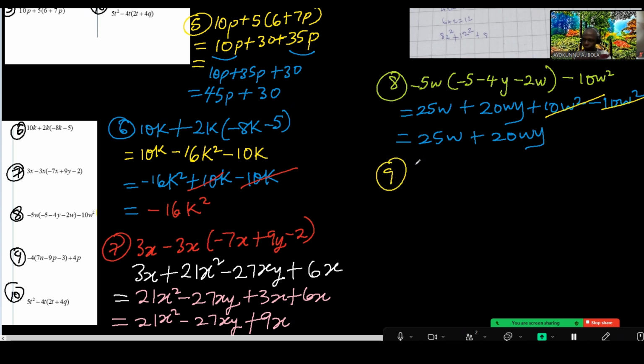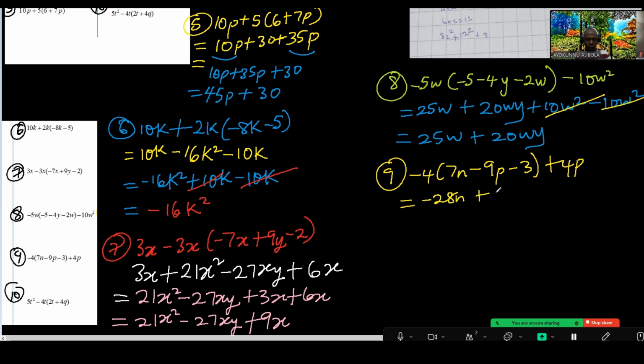Number 9, we have negative 4 into 7n minus 9p. Okay, n and p, nothing in common. Then minus 3, then plus 4p. That's the question. So negative times these, this is negative, this is positive, and this is positive. So we have 4 times 7, that's negative 28n.